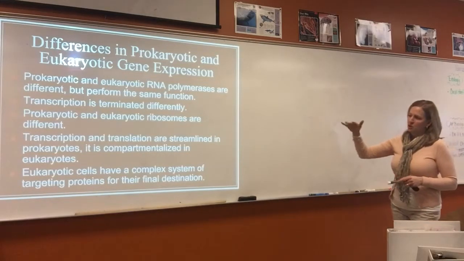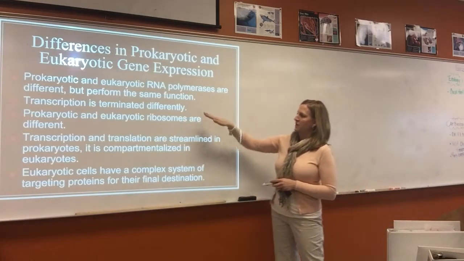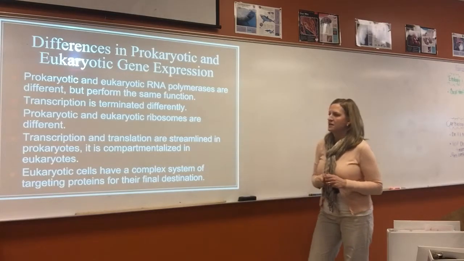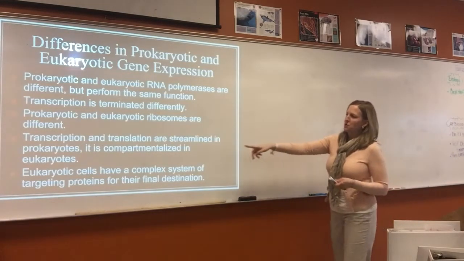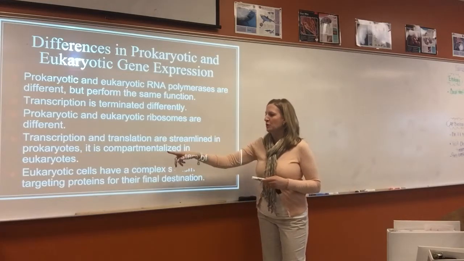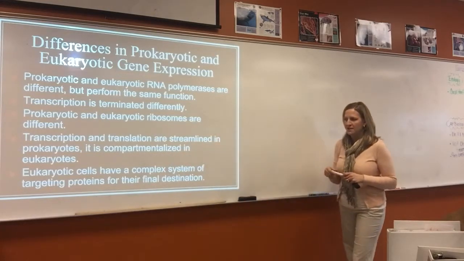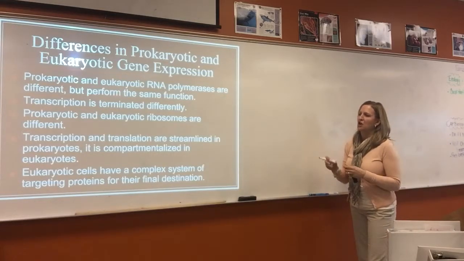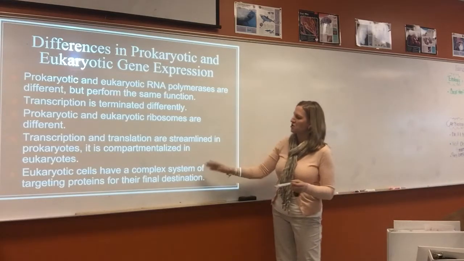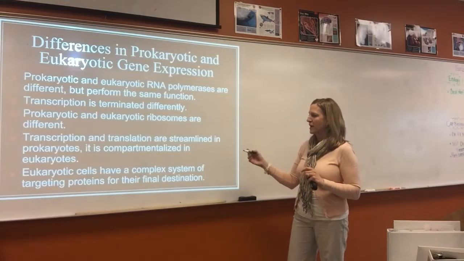Transcription also is terminated a little bit differently in bacteria than in eukaryotic cells. Prokaryotic and eukaryotic ribosomes are a little bit different in the small and large subunits. Transcription and translation are streamlined in prokaryotes and compartmentalized in eukaryotes. And eukaryotic cells have a complex system of targeting proteins for their final destination, like are they going to go through the cell membrane and so on.